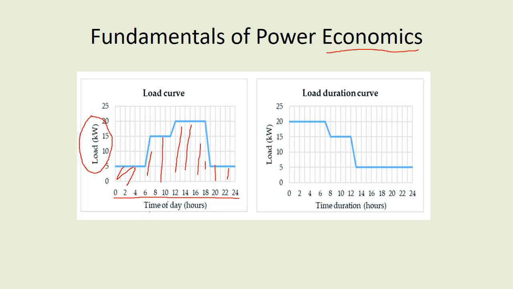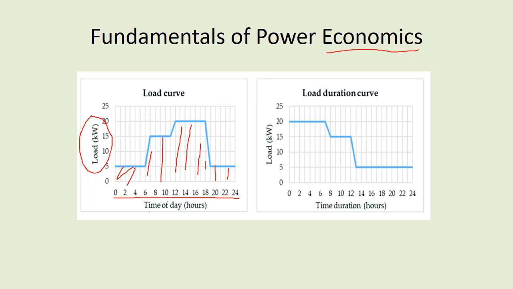Basically it is a plot of load in kilowatts versus the time duration for which it occurs, in ascending order of magnitude, irrespective of the time of occurrence. So this is the load curve.